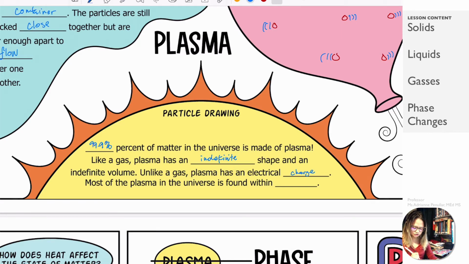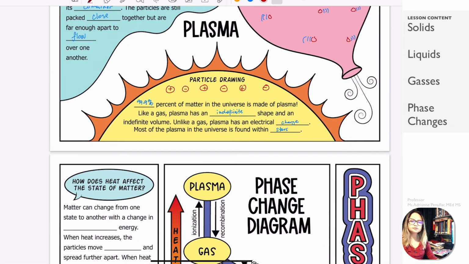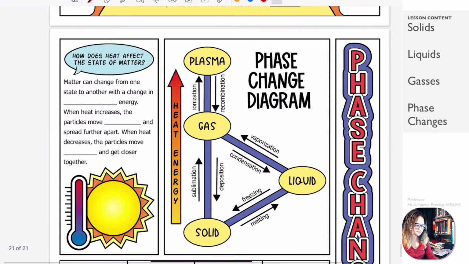Okay, electrical charge. And most of the plasma in the universe is found within the stars. So in this case, we have in here the sun, which is a star. So the particle diagram of this is going to be positive, negative, positive, negative, positive, and then negative. Okay. Although for the majority of this class, we're not going to be talking about plasma. It's just solid, liquids, and gases.